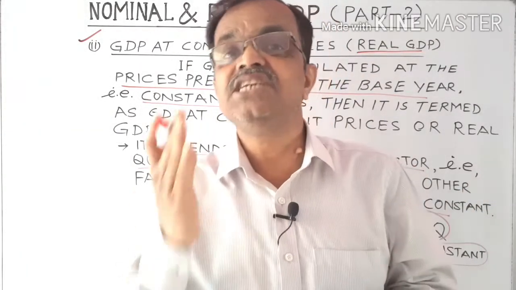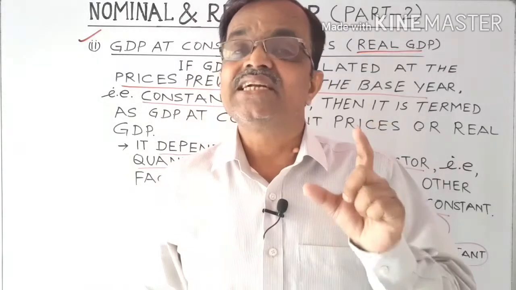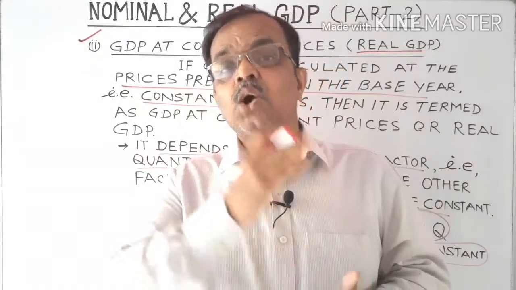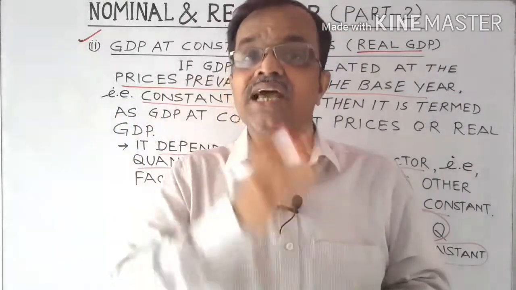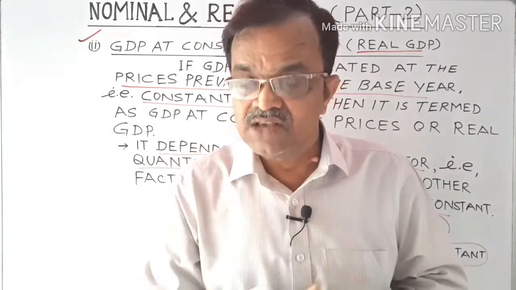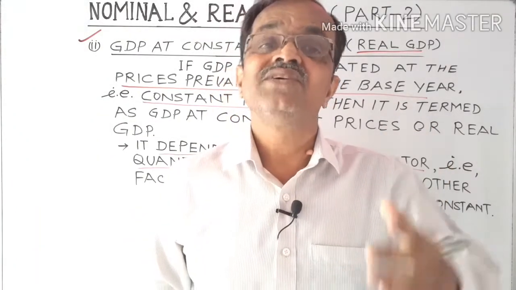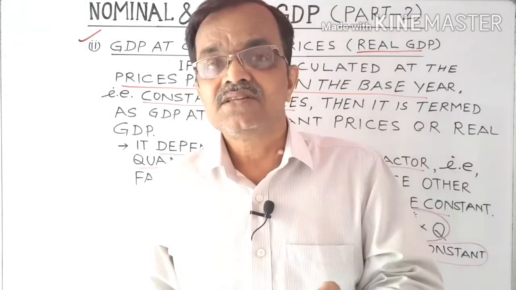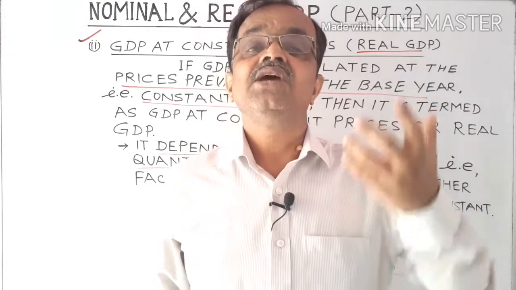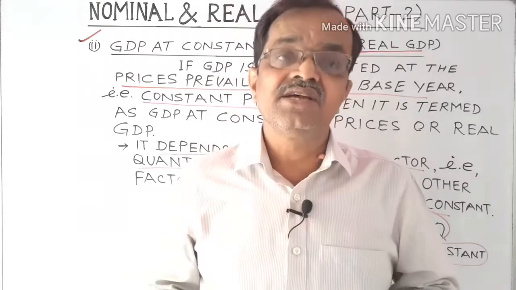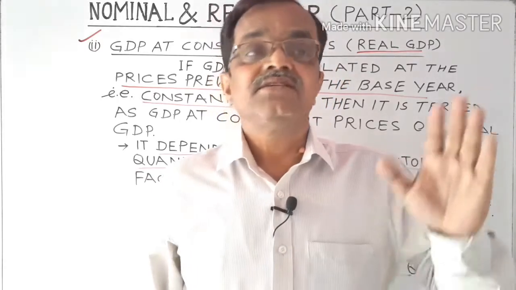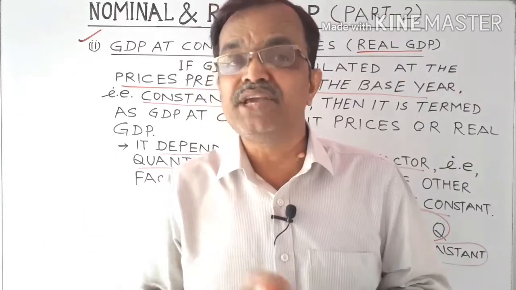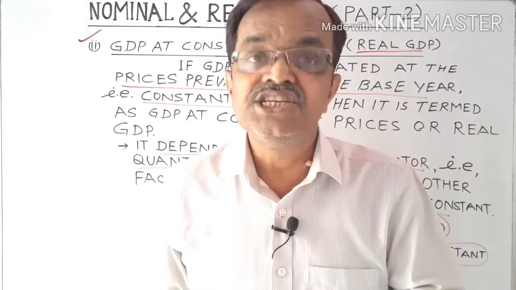Similarly, if GDP decreases due to a decrease in the quantity of output, it is termed a real decrease in GDP, which confirms that there is a process of degrowth. Therefore, GDP at constant prices depends upon only one factor. Since this GDP simply states the real position or real status of the economy, it is termed real GDP.